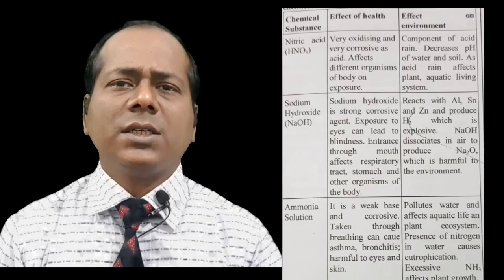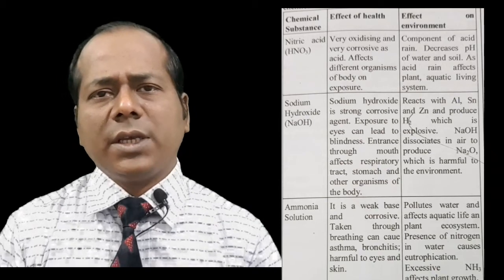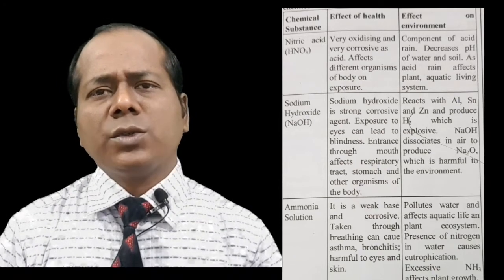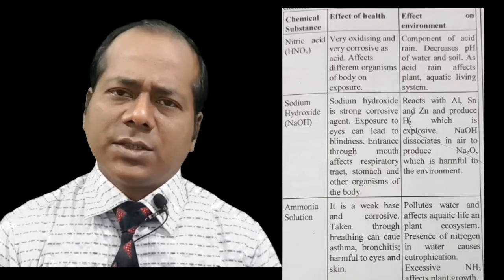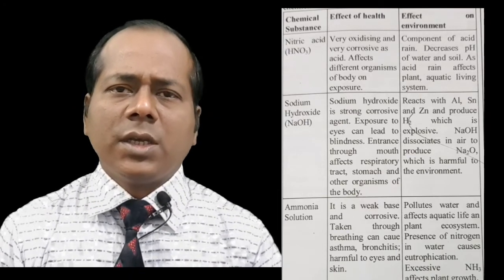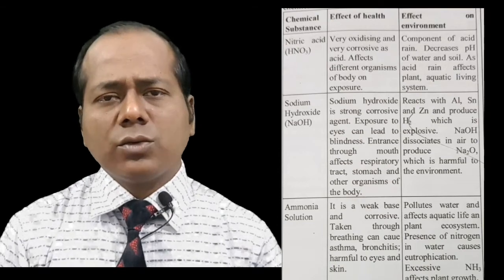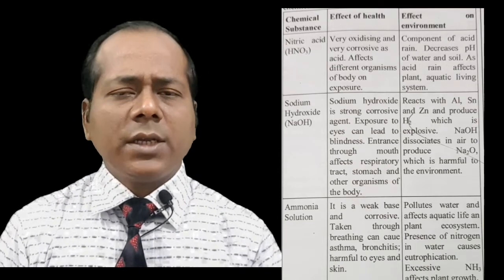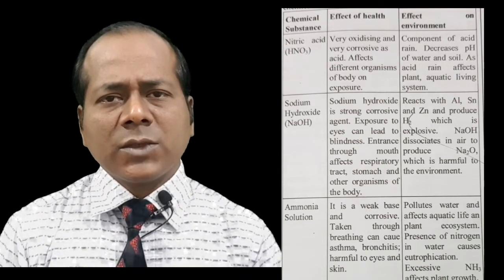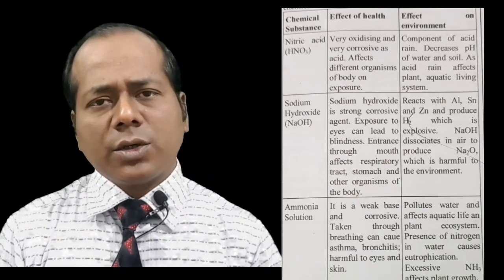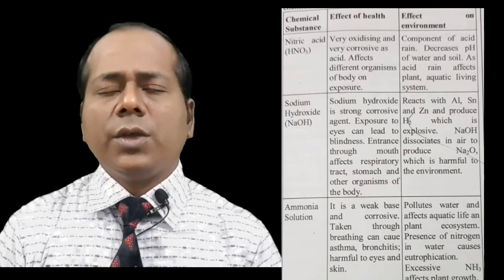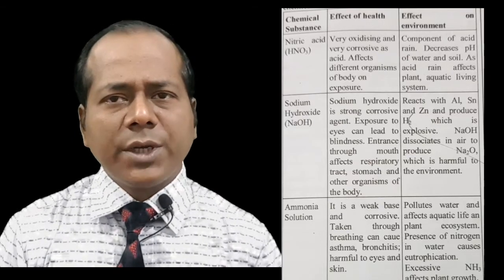Sodium hydroxide effects on health. Sodium hydroxide is a strong corrosive agent. Exposure to eyes can lead to blindness. Entrance through the mouth affects the respiratory tract, stomach, and other organs of the body. Effect on environment.